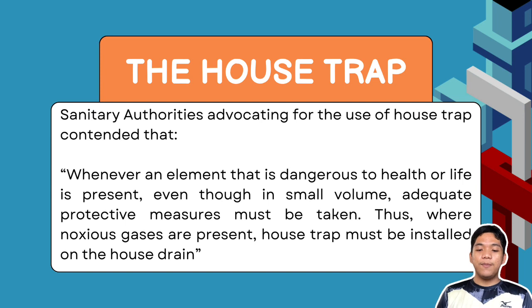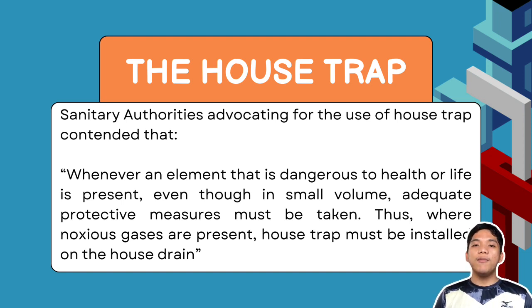Considering the different gases being produced inside the public sewer and septic tank, sanitary authorities advocating for the use of the house trap contended that whenever an element that is dangerous to health or life is present, even though in a small volume, adequate protective measures must be taken. Thus, where noxious gases are present, a house trap must be installed on the house drain.